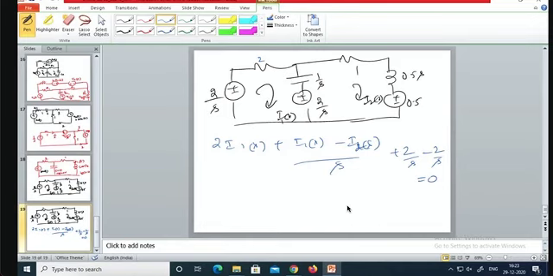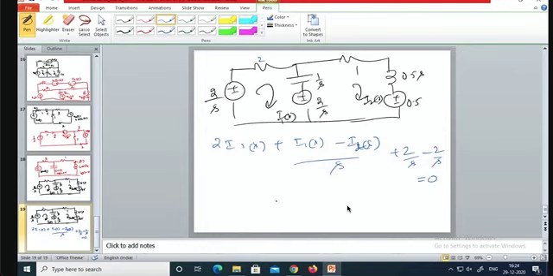Okay, so it is nothing but I1 and this is nothing but I2. So I applied KVL here. So I1 of S minus IL of S, divided by S. S is common here, and 2 by S is the drop here, and minus 2 by S again here. This one is equal to 0.